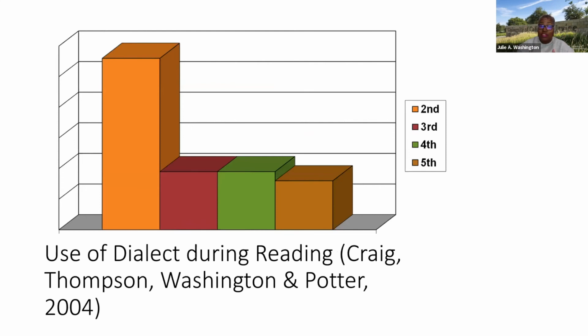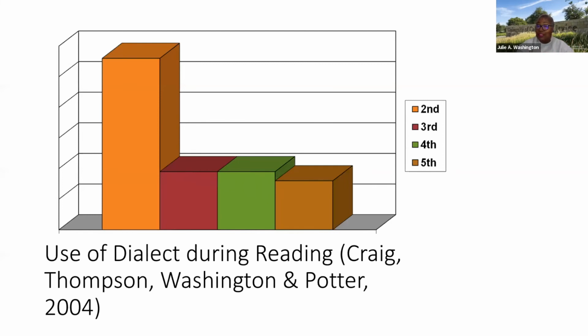And so the use of dialect in reading, our second graders were using a lot. And then by third grade, they dropped off. Fourth grade, a little more in fifth grade, but mostly we start to see this plateau around third grade. And that's what this is designed to show you, that they kind of plateau.